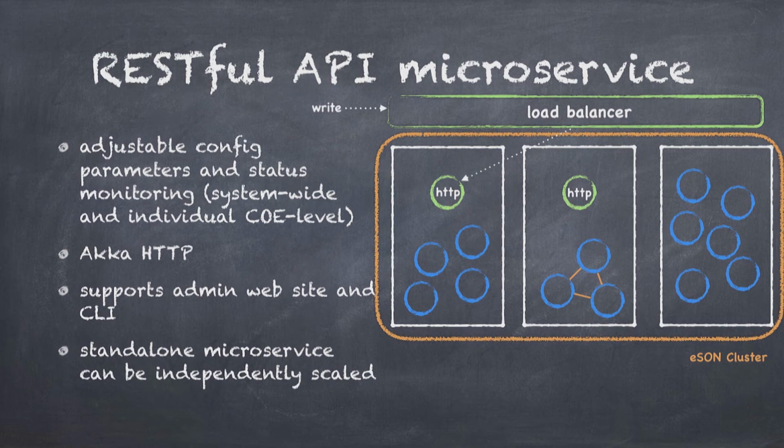So again, a write would come in to a load balancer and then select one of the HTTP servers that's running. And again, you can independently scale these according to how big your deployment is. And obviously there's resilience. That's one of the reasons for doing it.